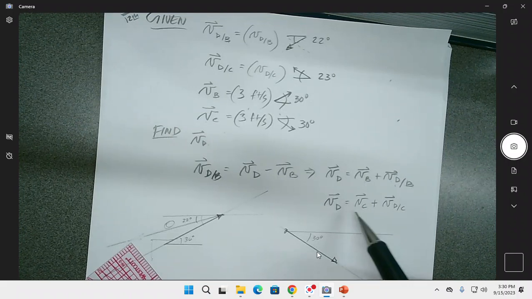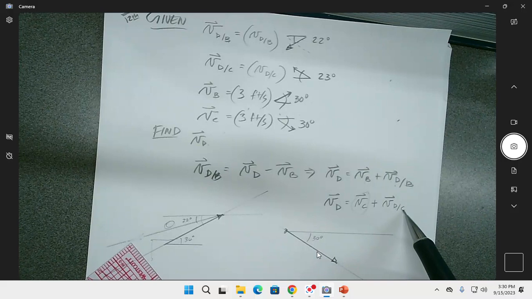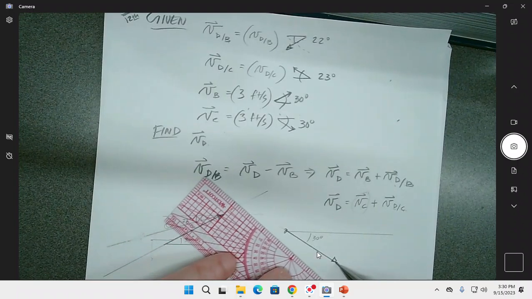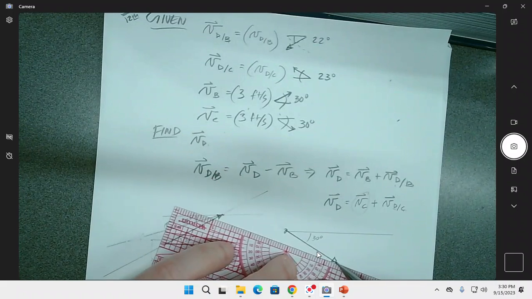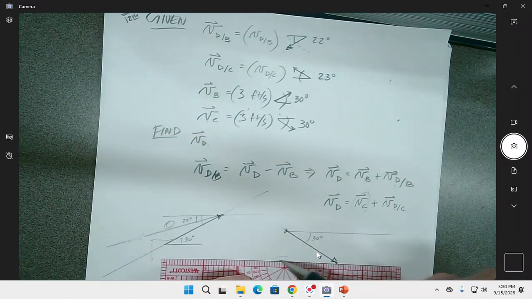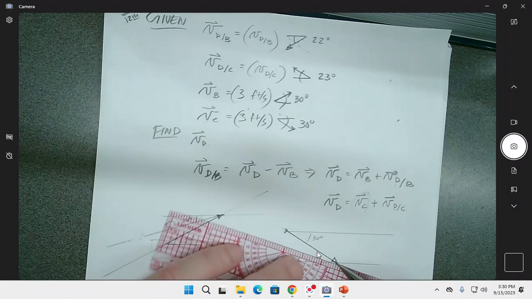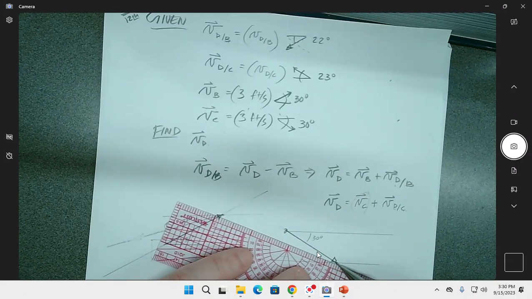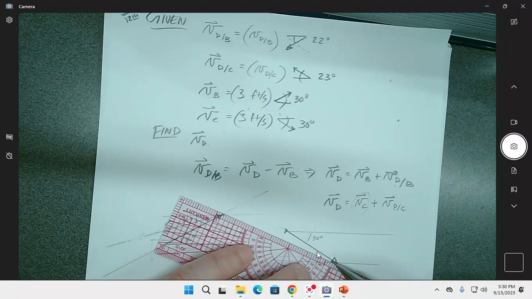No, this is C. So we're starting out with C. We're going to go D with respect to C. D with respect to C is 23 degrees. So that, once again, is going to be up. Right here is 30 degrees. So it's going to be 23 degrees. So there's going to be like 7 degrees in between there.